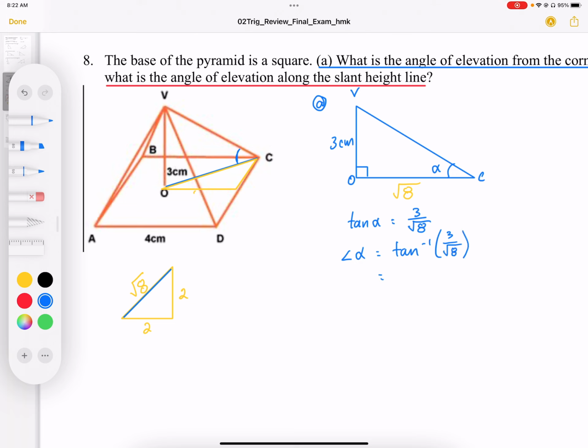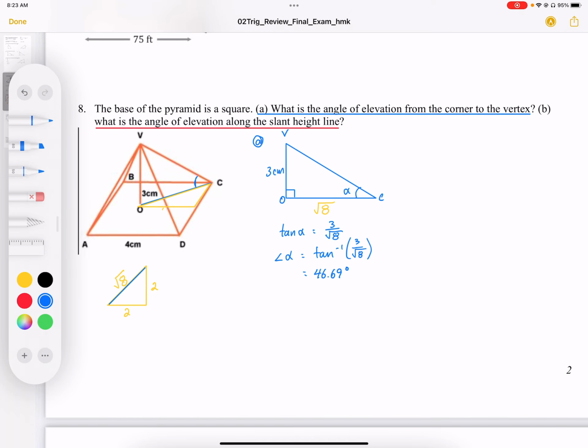I can type that into my calculator. 3 divided by square root 8, we end up with 46.686, so 46.9. Sorry, 46.69, and round that to 46.69 degrees. So that is that angle of elevation along that diagonal line up to the vertex.